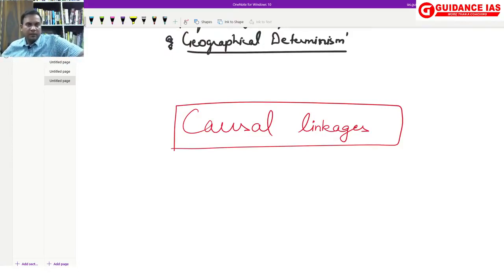However, a very important attempt was made by geographers during the quantitative revolution period to base human geography on economic determinism.